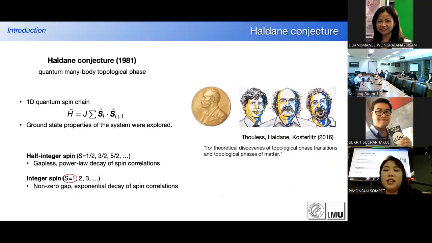It's the phase that Professor Haldane, who got the Nobel Prize in Physics in 2016, used when he introduced the idea of topological phases of matter, and he used this phase to explain the topology of it. So it's a famous phase because it's the phase that made him get the Nobel Prize. That's why it's famous. Just remember that.